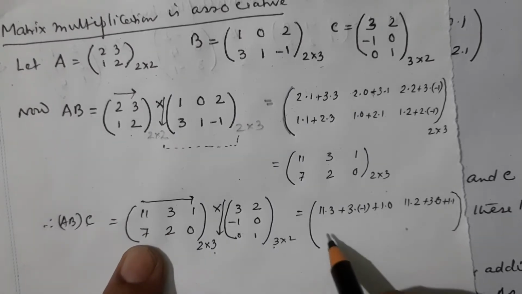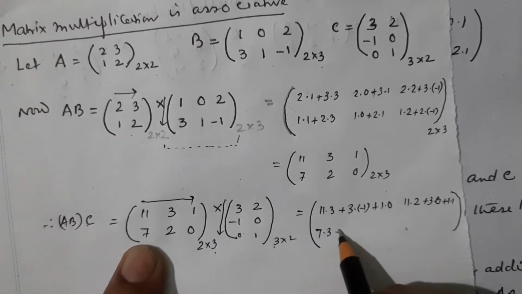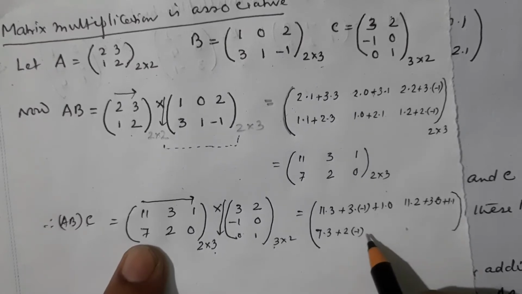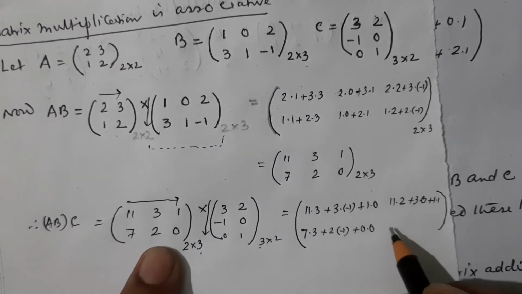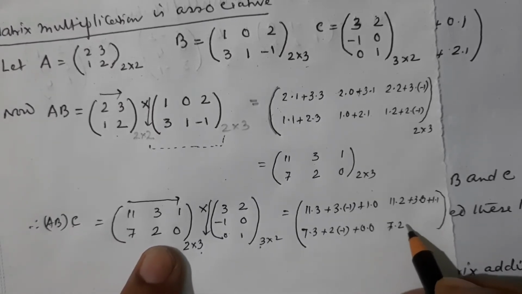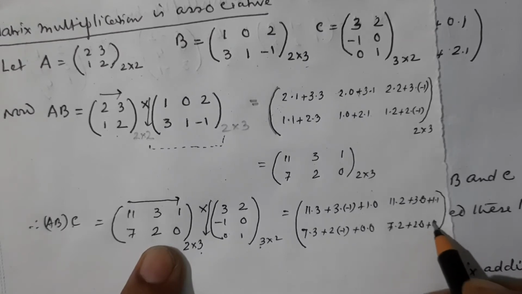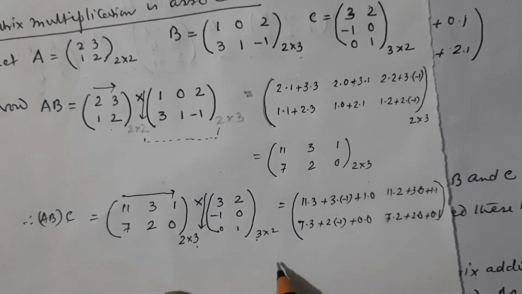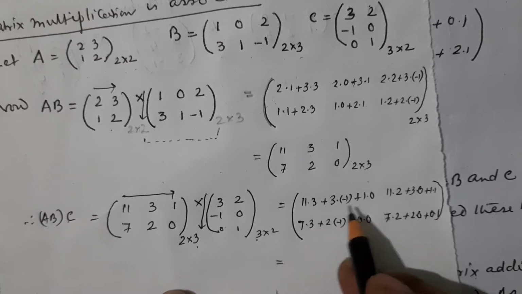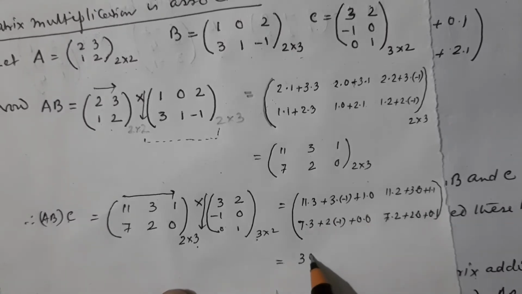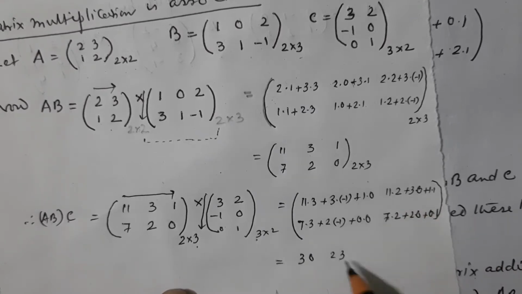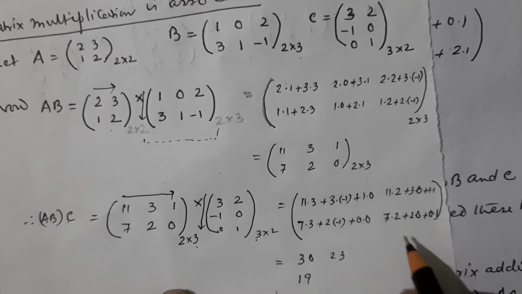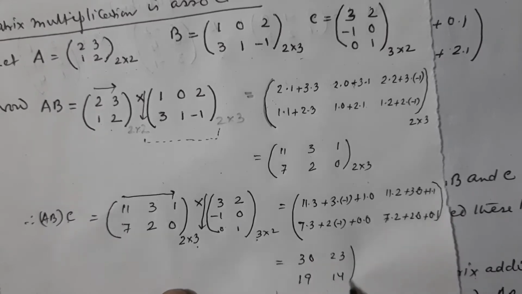Second row, first column, 7 into 3 plus 2 into minus 1 plus 0 into 0. Second row, second column, 7 into 2 plus 2 into 0 plus 0 into 1. And if we simplify, we get 30, 23, 19, 14.